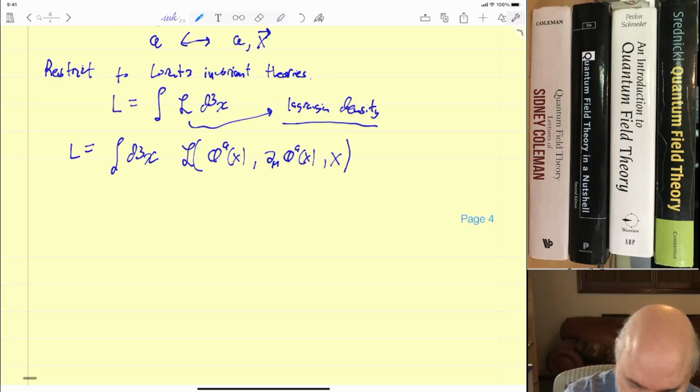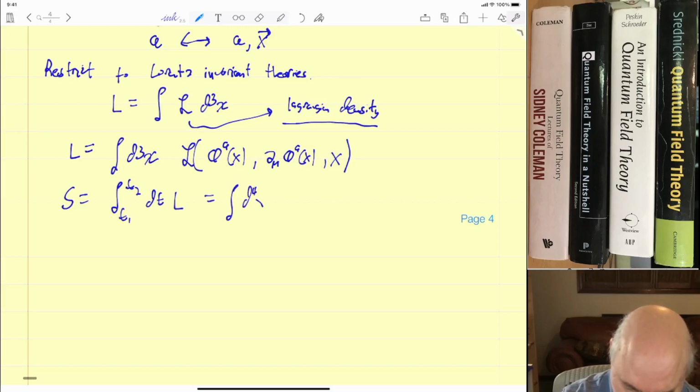The action again is defined by the integral from t1 to t2 of the Lagrangian, which now works out to the integral of d^4x of L of phi_a, partial_mu phi_a, comma x, and just to make sure time is restricted still.